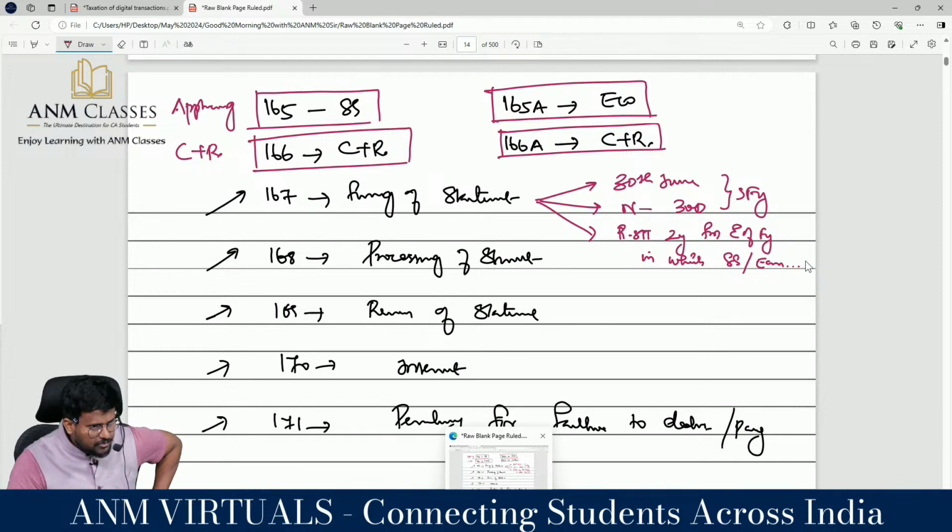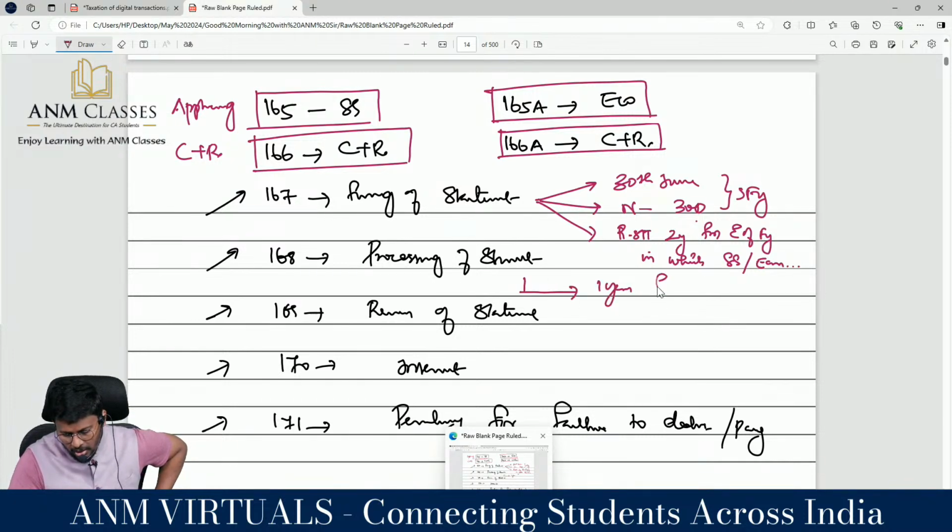Then, is there any other time limit included there? You have to check the book and say, I'm consolidating. Any other time limit? Response to notice within 30 days. That's 30 June or notice in 30 days. All the things have been consolidated. 168, processing of statement. What is the time limit?